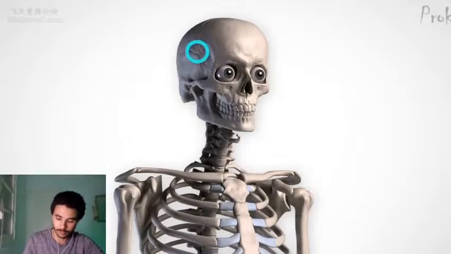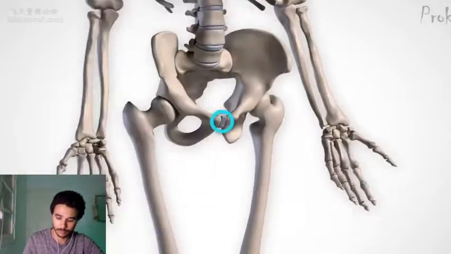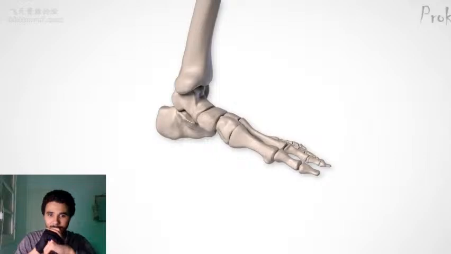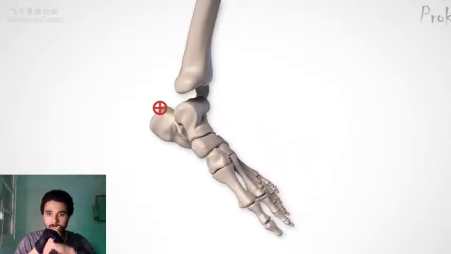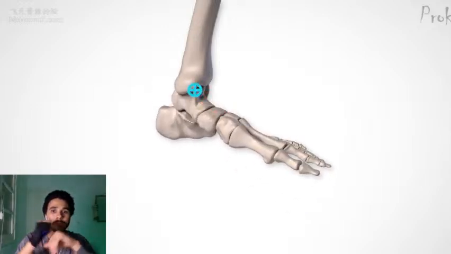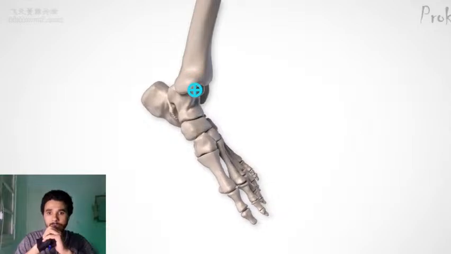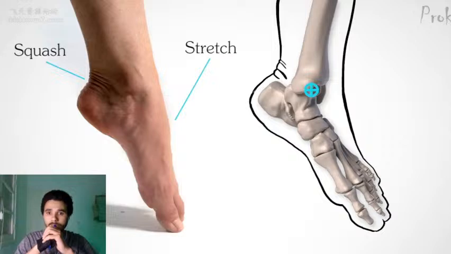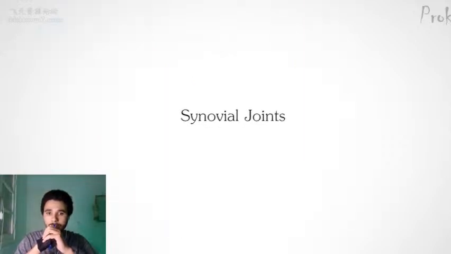Joints that are fibrous and cartilaginous hardly move, and some, like the connection of the two pubic bones, don't move at all. When you're learning how to draw, pay attention to synovial joints, and keep your thoughts away from pubic bones. If you know where the joint is on this foot, you know that it won't do this, or this, when you stand on your toes. It will do this. We need to know the position of the joint to make squash and stretch look like the real thing.